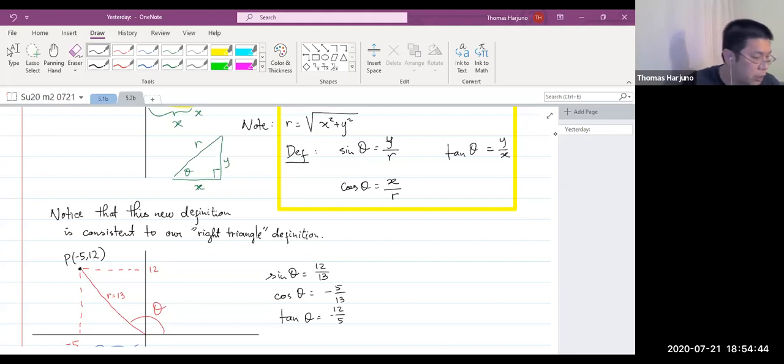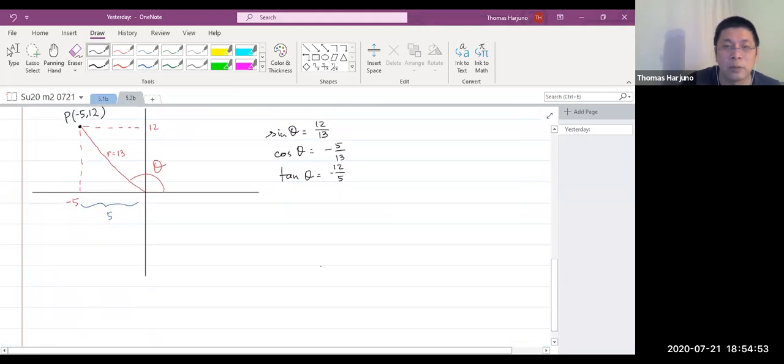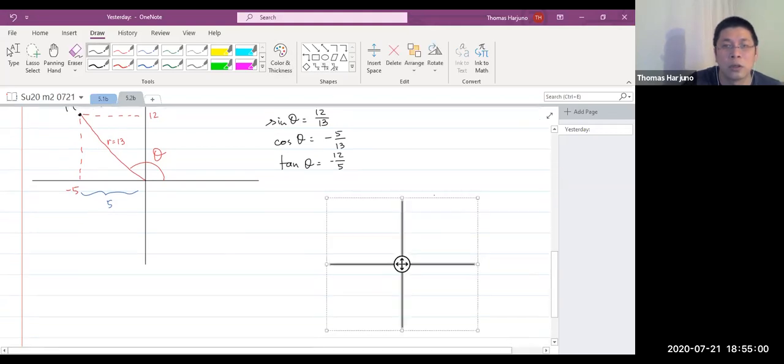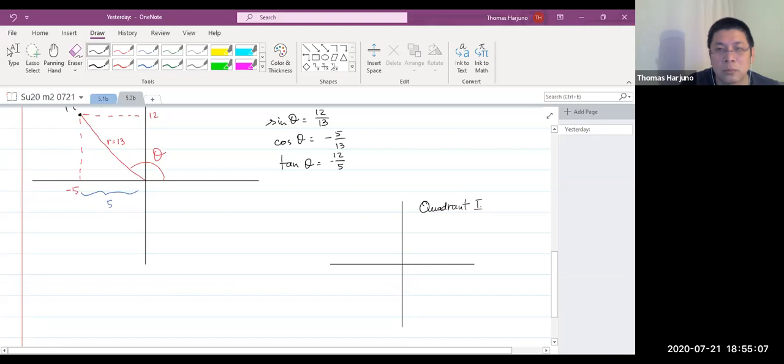Now, from here we can see the following. In quadrant 1, all signs, sine, cosine, and tangent are positive.